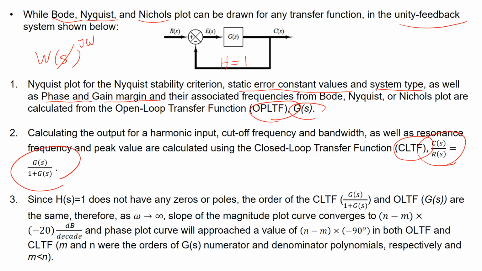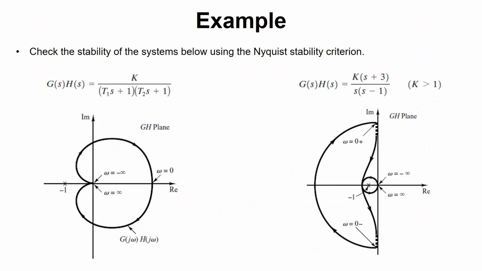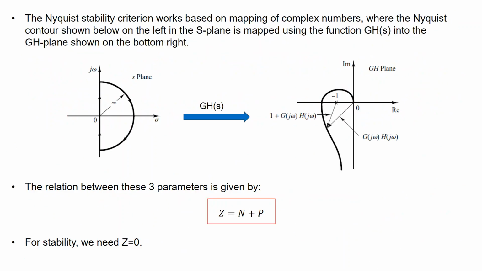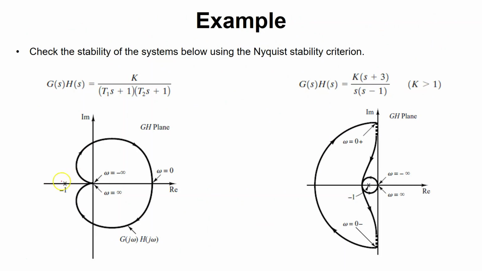Look, if we want to do the Nyquist stability criterion, if you remember, Nyquist stability was what? The fact that the projection of the Nyquist path in the GH plane encircles the critical point of -1 and 0.